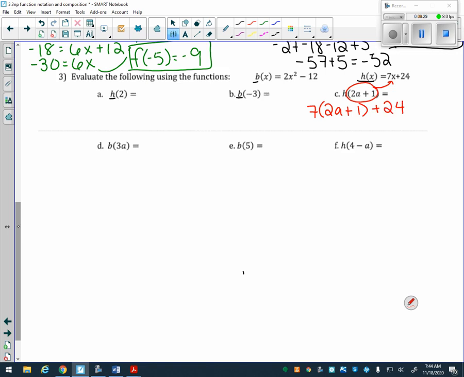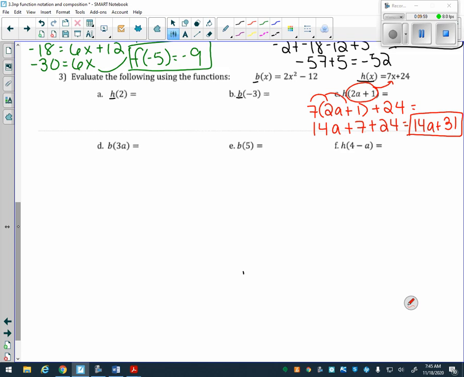Here we distribute the 7. So we have 14a plus 7 plus 24. Then we combine like terms. So we end up getting 14a plus 31. And that is your answer. That's where you stop. You don't try to solve for a, you leave it as is because you're inputting an expression, so you end up with an expression.